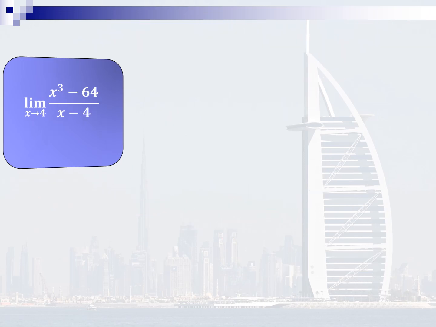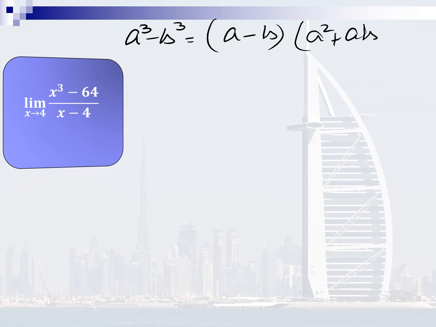Let's try out one more: x cube minus 64. So what do we have to do? Use the a cube minus b cube formula, which is a minus b times a square plus ab plus b square. Okay, what is a? The cubic root of x cube is x. And the cubic root of 64 is 4.